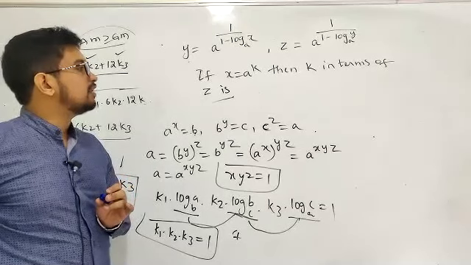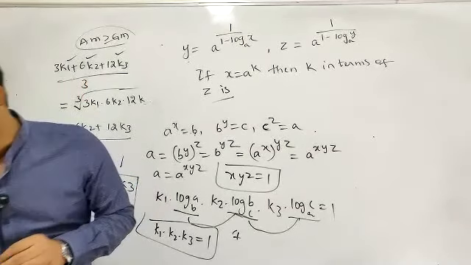If x is equal to a power k, then find k in terms of z.